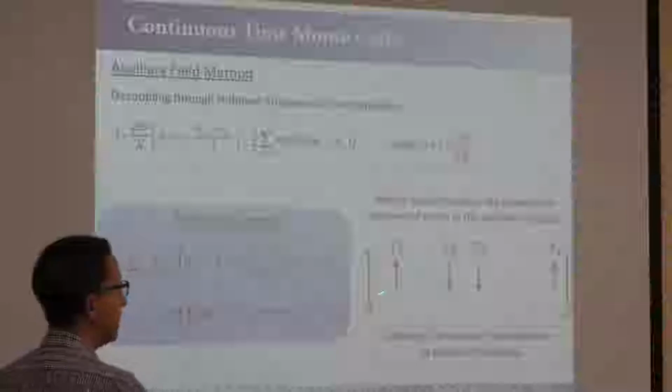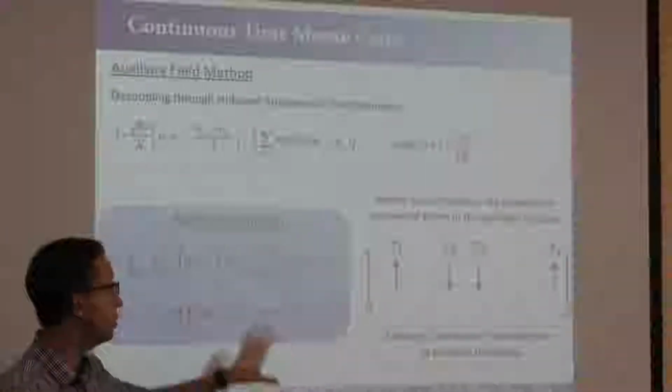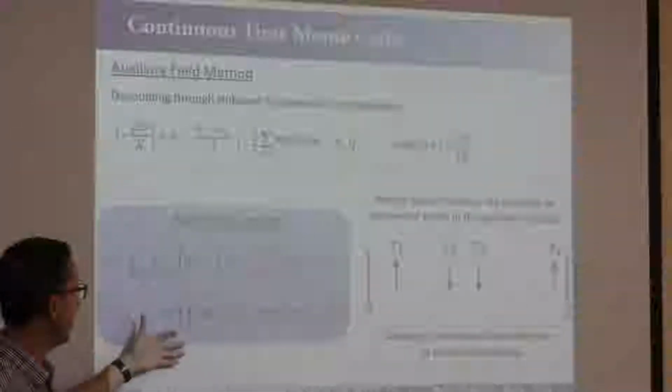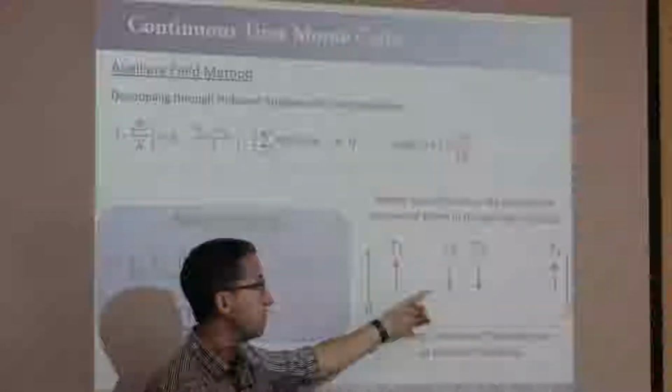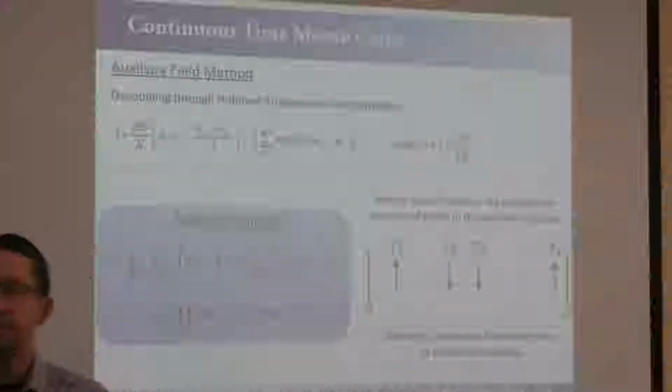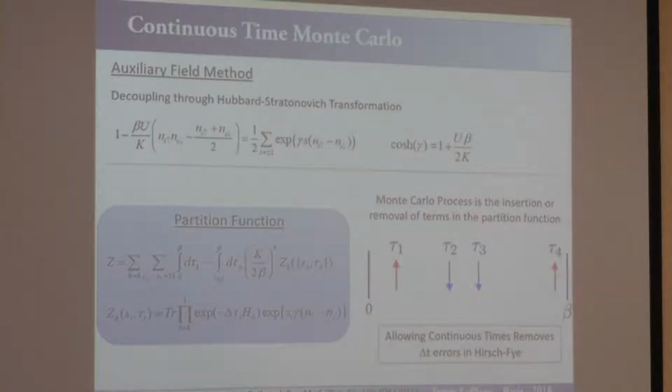When it comes to the updates that are required to do this process, the summations that are required in here are essentially all values of spins at all values of times within this imaginary time confinement between 0 and beta. So it actually looks a lot like a 1D Ising chain, okay, with a bunch of spins up and down, except they're not on lattice sites. They could be at any particular time.